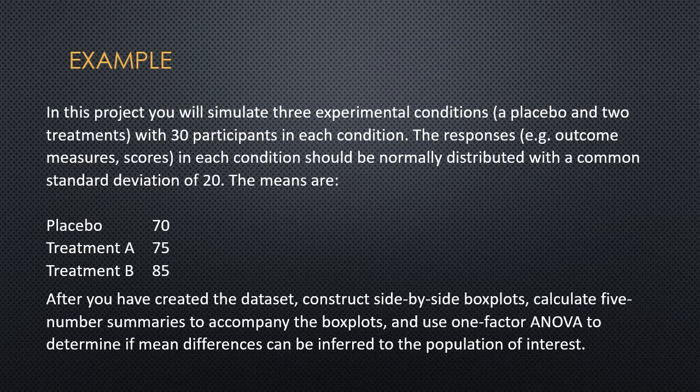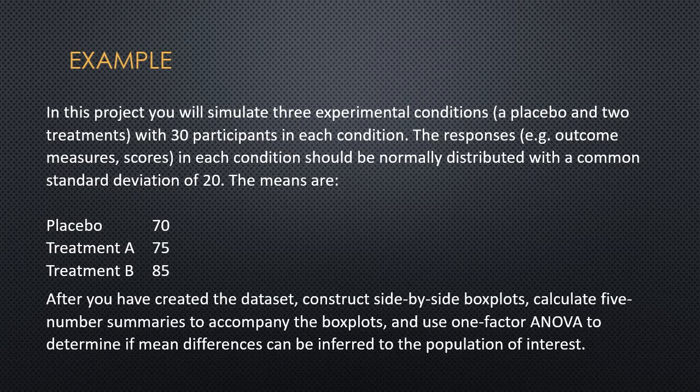The means are placebo 70, treatment A 75, treatment B 85. After we have created the data set, we want to construct side-by-side box plots, calculate 5-number summaries to accompany the box plots, and use one-factor ANOVA to determine if mean differences can be inferred to the population of interest.